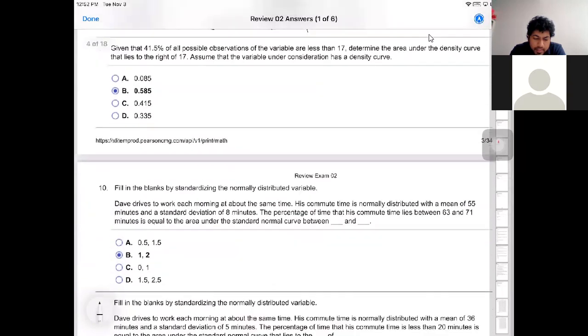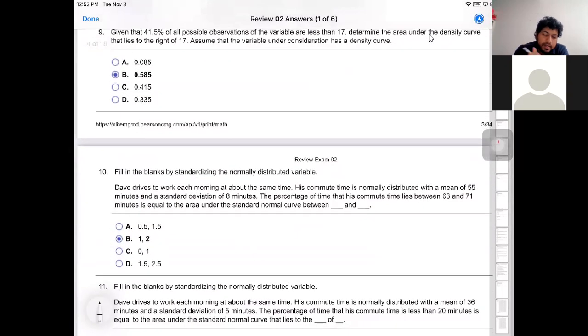Let me check number 10. Number 10 is a little bit different. Standardizing the normal distribution. Dave tries to work at the same time. If they have mentioned that your situation is normally distributed, then you don't have to worry about that.